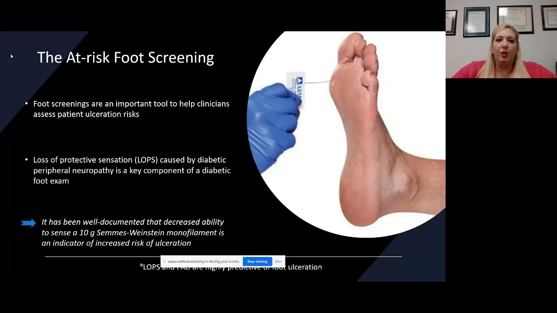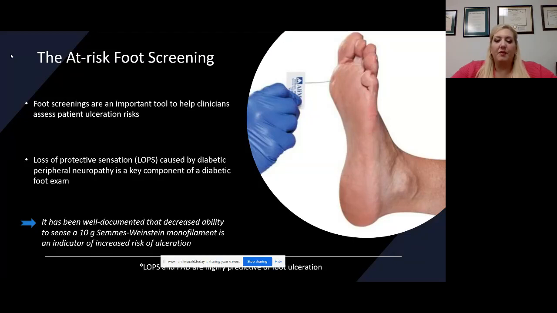That is really a key component of the diabetic foot exam: getting a baseline on a new patient, and then tracking it every visit. It's been well documented that the simple Semmes-Weinstein monofilament wire is a great way to do this with your patients, and it helps us to assess their risk of ulcer development.